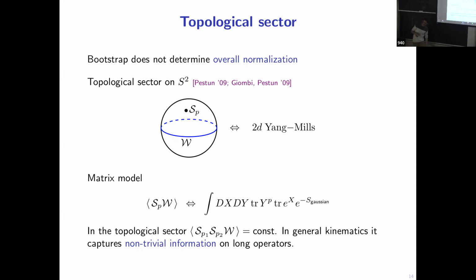Maybe just a comment to address Xinyan's question. The fact that this line is genuine or not is important, but it's not important for the observable that Aleix is talking about, because the other insertions apart from the line operator are point operators, and they are transparent to the one-form symmetry generator that you were thinking about, because they are two-dimensional topological operators.